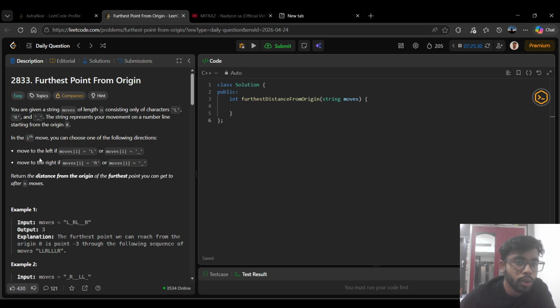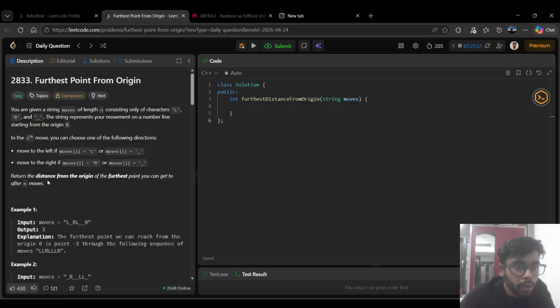In the ith move, we can choose one of the following directions: move to the left if moves[i] equals L or underscore, and in the same way we can move to the right if moves[i] is R or underscore.